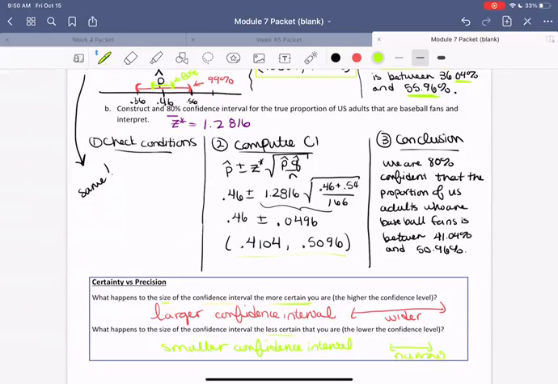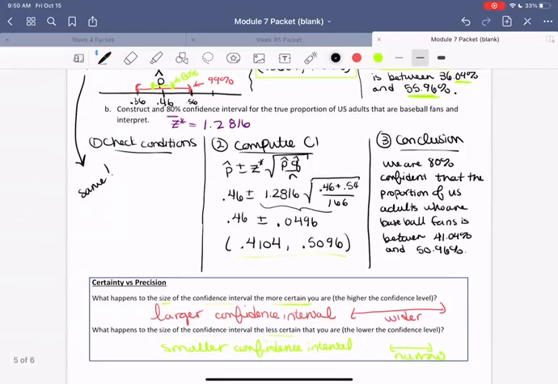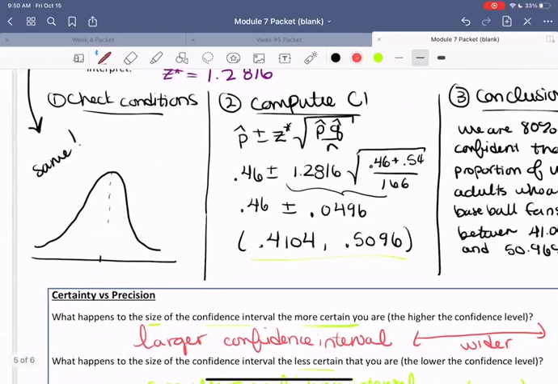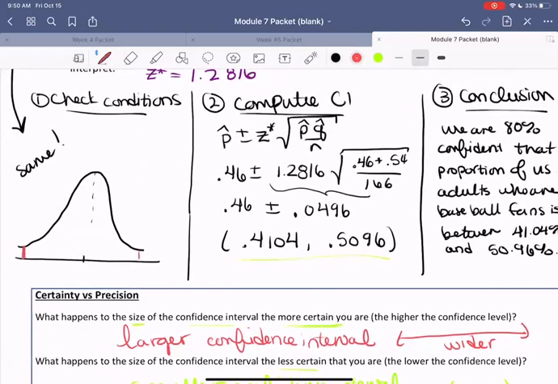So we can also make sense of why this would happen by looking at a normal curve. So if we look at a standard normal curve, and if we look at where we'd expect to find 99% of the data, well, we'd be looking at most of the area underneath the curve.